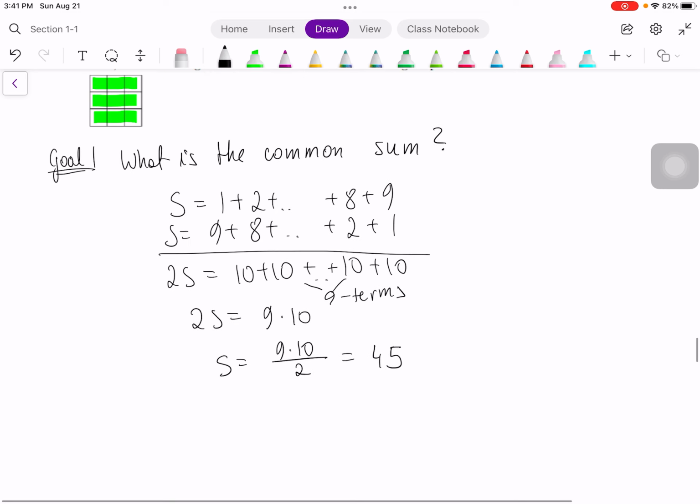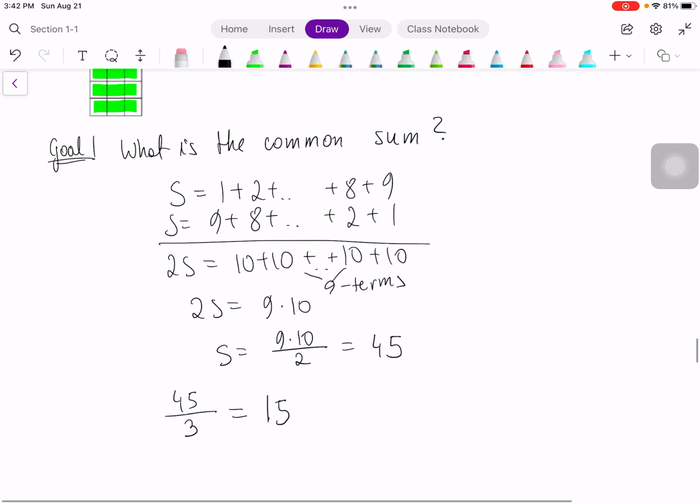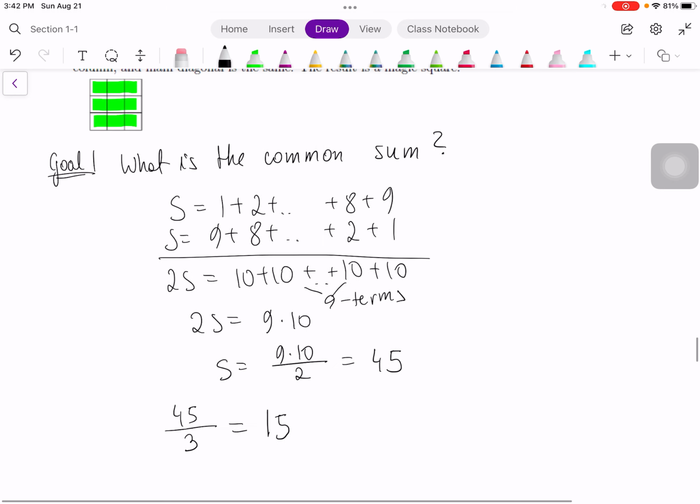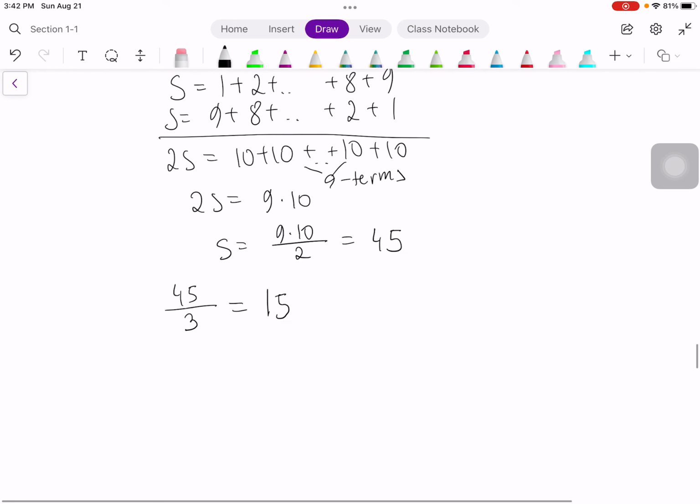So all the numbers combined add up to 45. But then if you divide this 45 into 3 equal sums, because we have 3 rows, or you can think 3 columns, but basically 3 equal sums, then that's going to be 15, right? So the answer to that first sub-goal is 15.